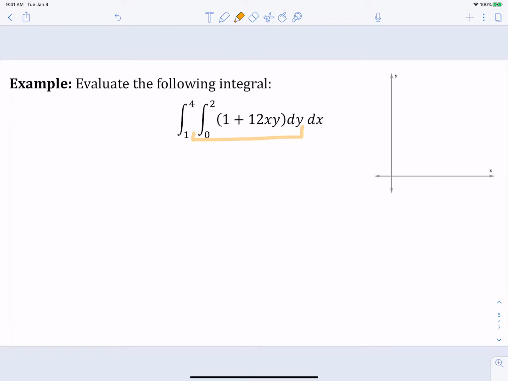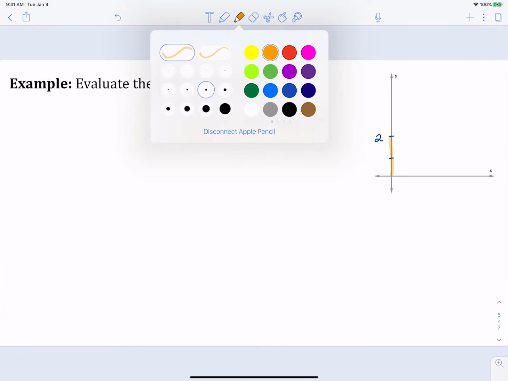So 0 to 2 and dy. What that's telling us is our limits of integration in the y direction, that we're going to look at this from 0 to 2. And then let's grab a different color.